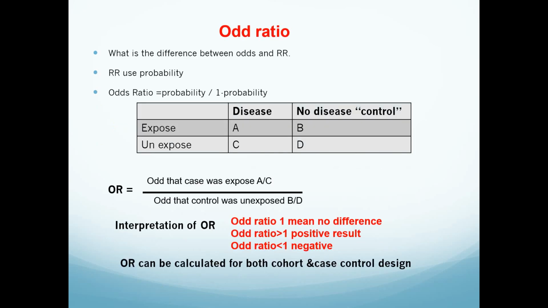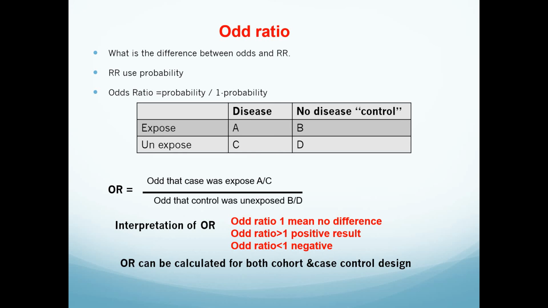What is odds ratio? What is the difference between odds ratio and relative risk? Odds ratio is probability divided by 1 minus the probability. What that means, when we are calculating odds ratio, we are dividing ratio by ratio.